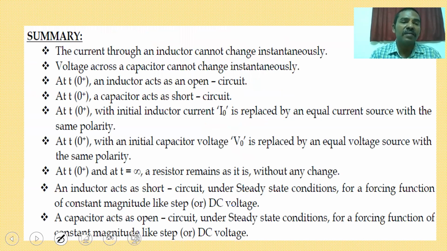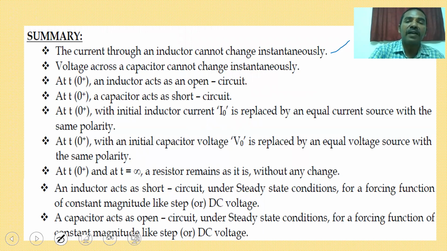Then coming to the summary, once again I am recalling. The inductor never takes instantaneous currents. It must be remembered. So that's why the inductor will be an open path under initial state.